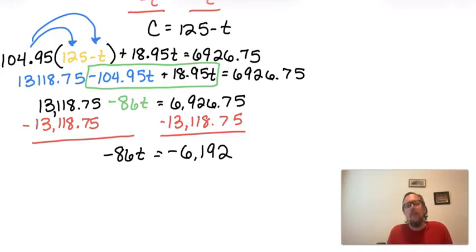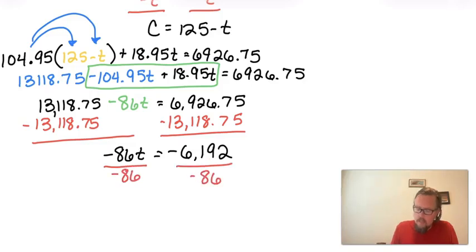So that's the subtraction property of equality. And then finally, we will do the division property of equality. And we get T equals negative 6192 divided by negative 86. Negative divided by negative is a positive, and that gives us 72.